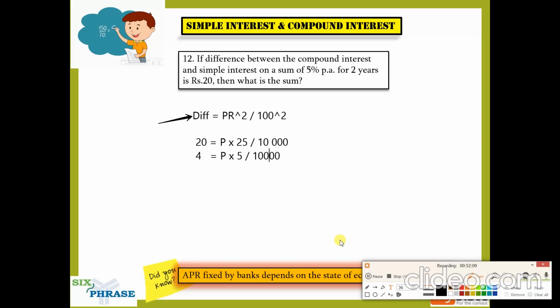So this will be equal to 40,000 by 5, which is 8,000. So you'll get 8,000 as the value of P.